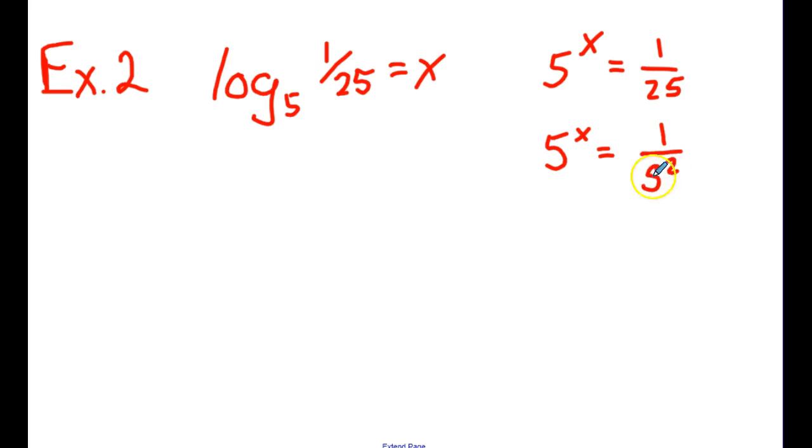And now I want to get this value in the numerator. So I have 5 to the x equal to, if I move that to the numerator, my exponent becomes the opposite sign. So now I have my base as 5 on both sides of the equation. That implies the exponent values must be the same. So we create a new equation. We get x is equal to -2.